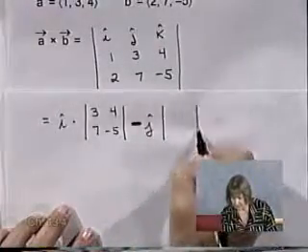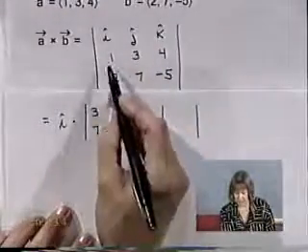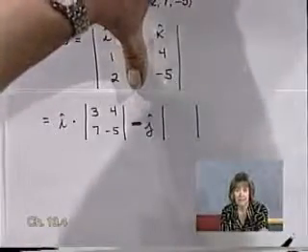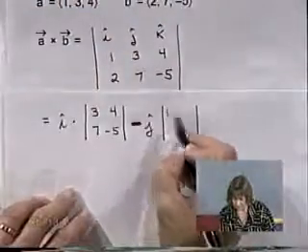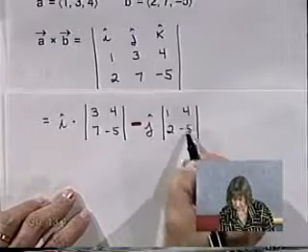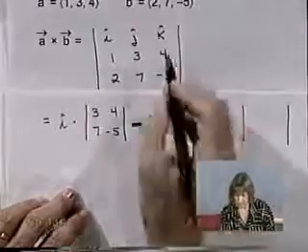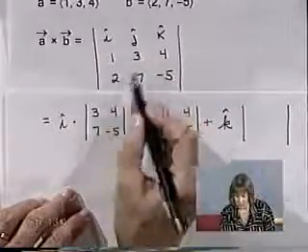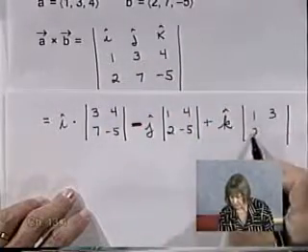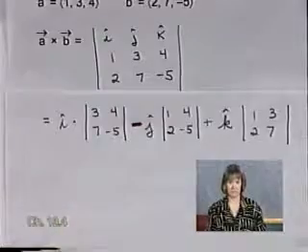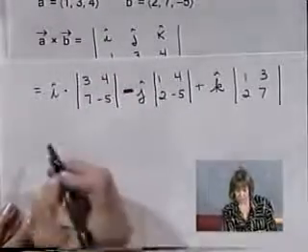And then we eliminate the row and column that j is in. Notice when I eliminate that column, I get 1, 4, 2, negative 5. Plus k times, eliminate the row and column that k is in. That gives me 1, 3, 2, 7. Now I have to evaluate each of those determinants separately.